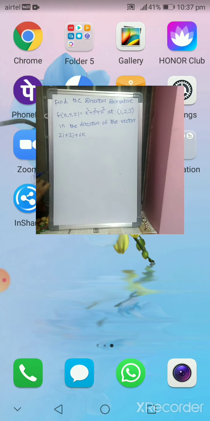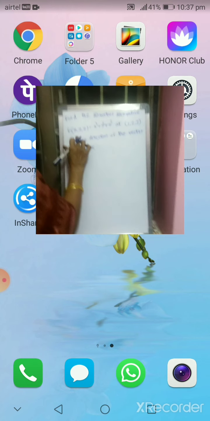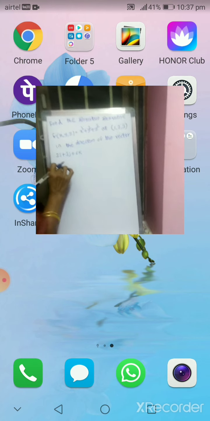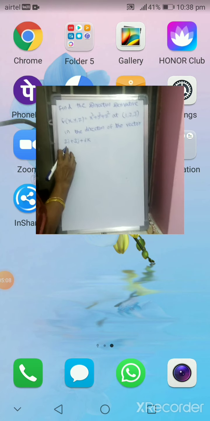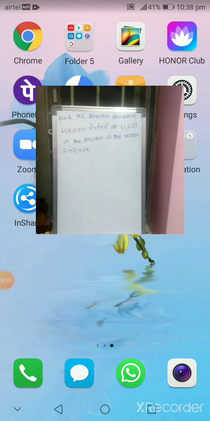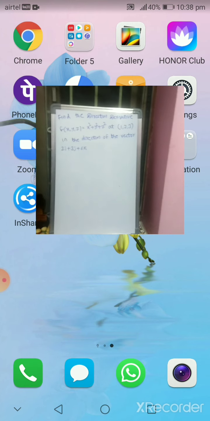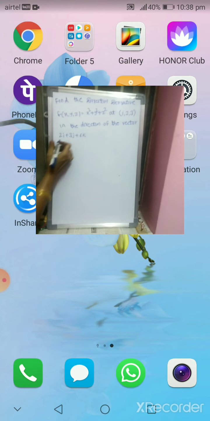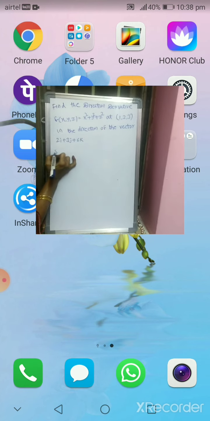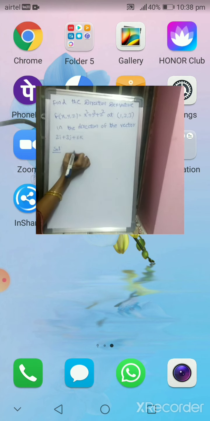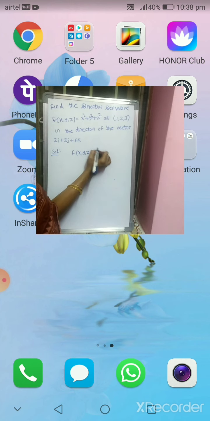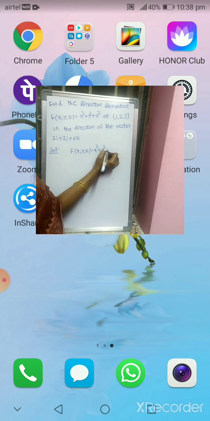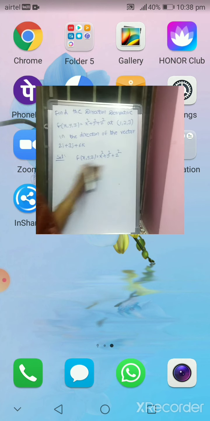So here we can find the directional derivative of f. Given the point is 1, 2, 3 and the vector is 2i plus 3j plus 6k. So that is the solution. Here f of x, y, z is equal to x square plus y square plus z square.